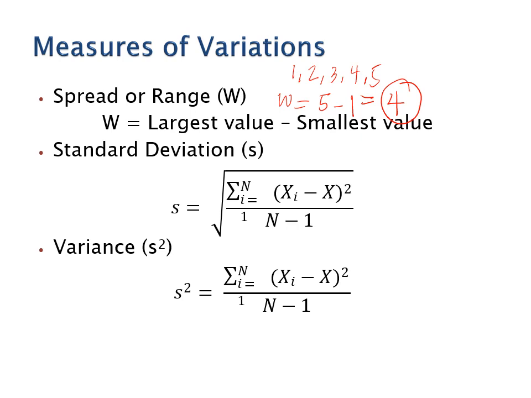So, next we have the standard deviation. So, to compute the standard deviation, here's the formula. So, ito yung number. For example, sa 1, 2, 3, 4, 5, ito yung 1, 2, 3, 4, 5.